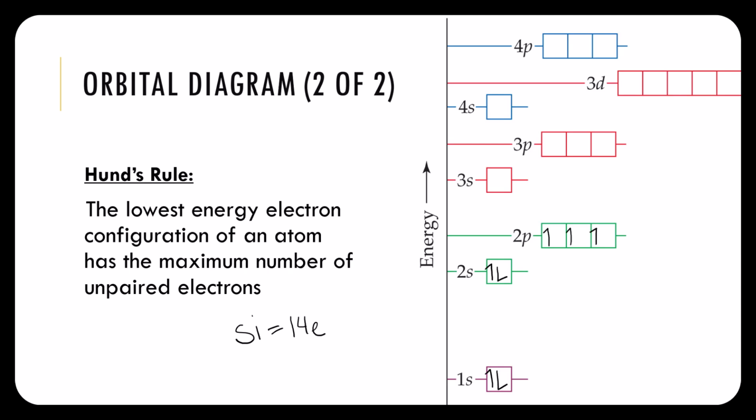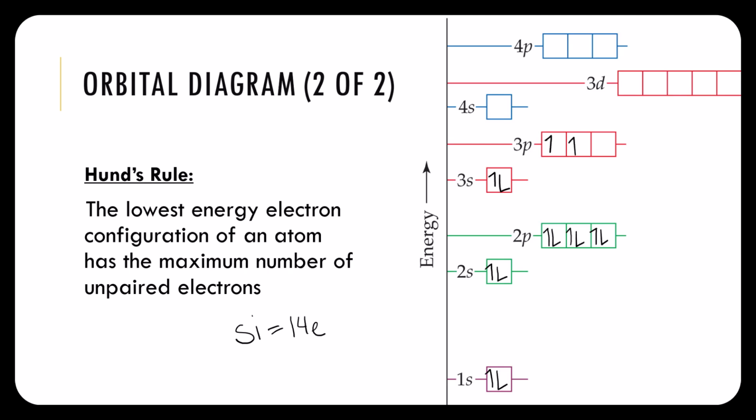So we're going to go 1, 2, 3, 4. Watch what I do here. Just as a reminder, I would go 5, 6, 7, 8, 9, 10, 11, 12, and then 13, 14.